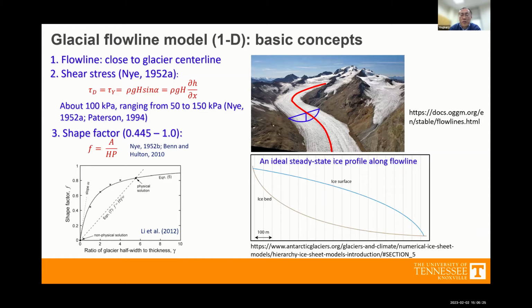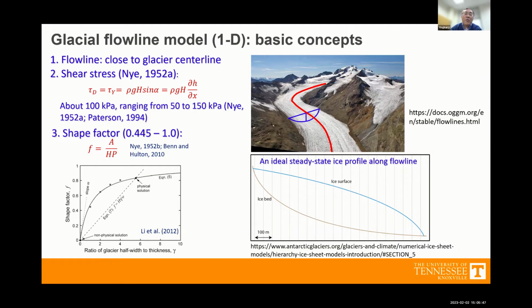I think all of us know this flowline model. Basically, in an ideal steady state condition, the ice surface is like this along the flow line. This photo indicates the flow line on glaciers is close to the glacier center line.